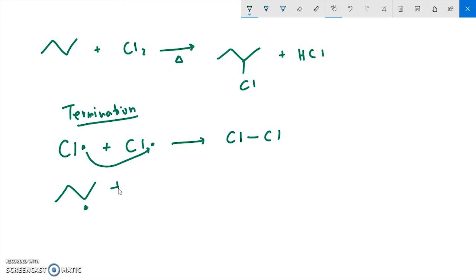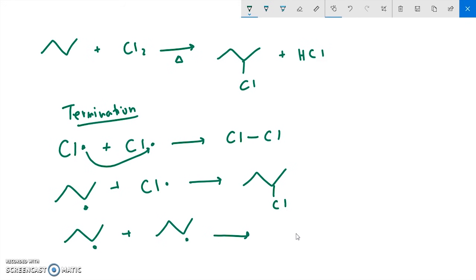The butane radical will also react with chlorine radicals to form 2-chlorobutane, and another combination when we have butane radicals which react with butane radicals to produce different compounds.